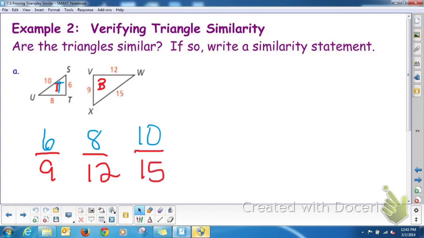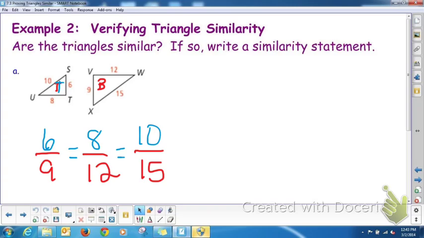So if these are all proportional, if they're all equivalent, then these triangles are similar using side, side, side, because that's what I have is all three sides. So you can do this a couple of different ways. You can cross multiply all of your proportions to see if they work out.